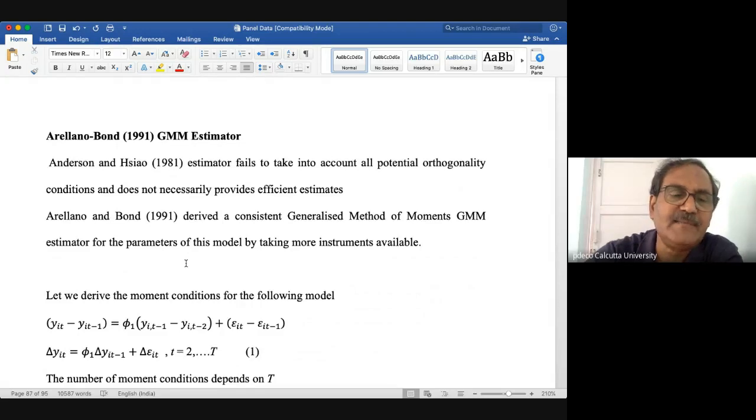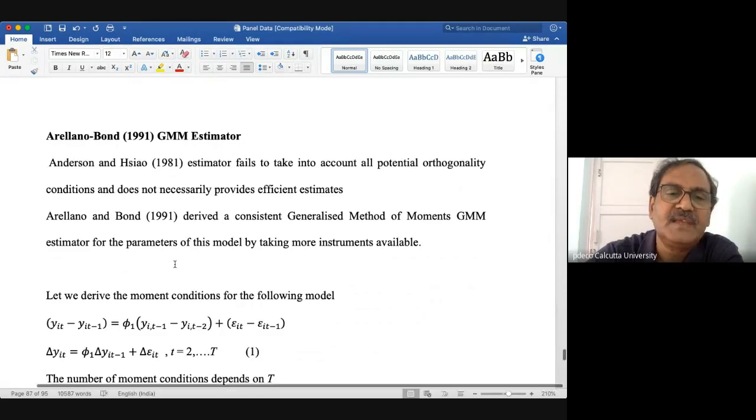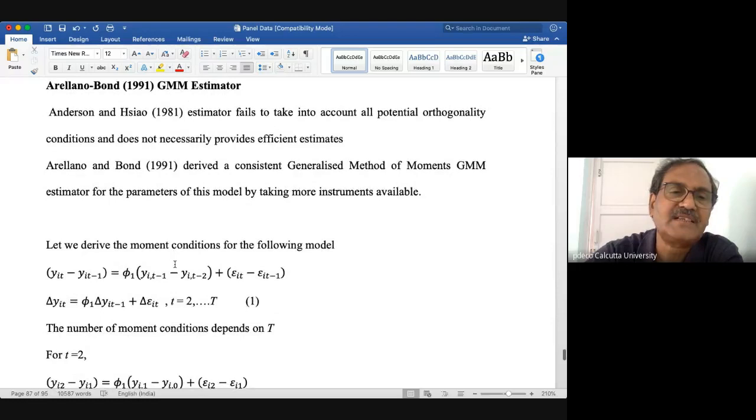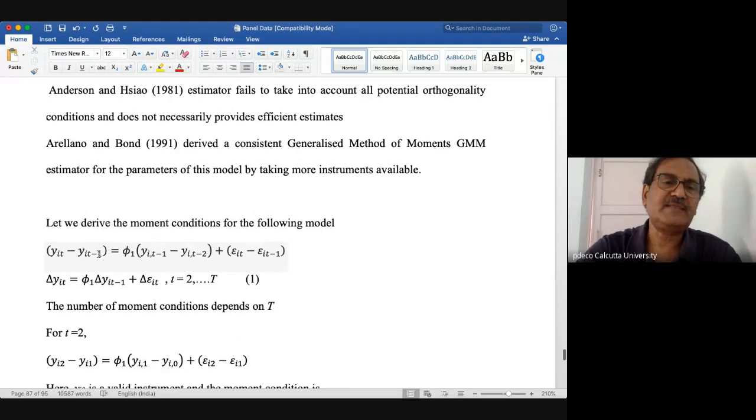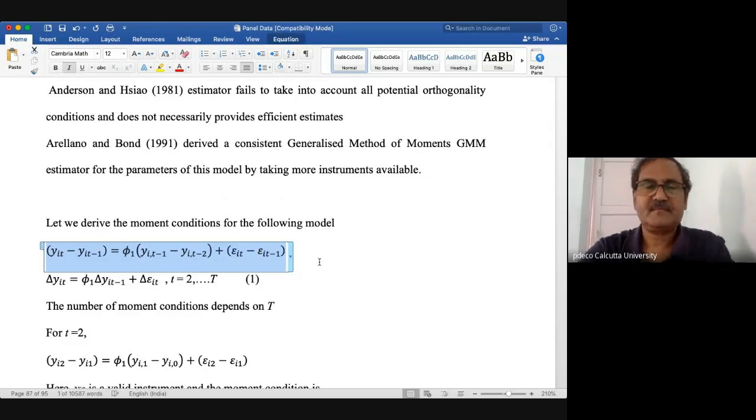Again, consider the same model as used by Anderson and Hsiao, that is, first write down this model in first difference form to eliminate the mu i, the cross-section specific heterogeneity.